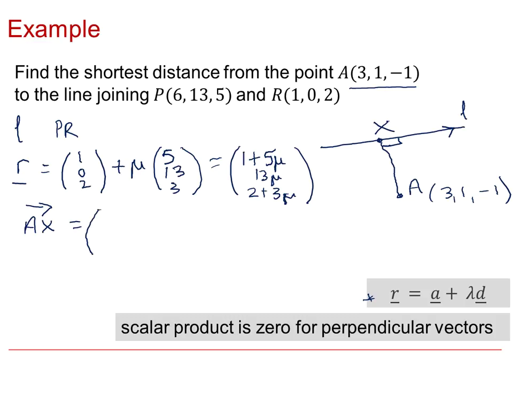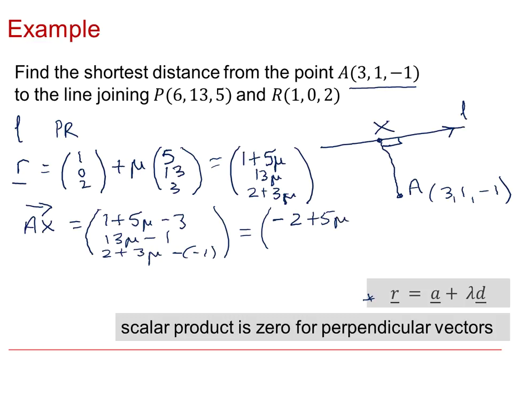So then AX will be this, 1 plus 5 mu minus 3, 13 mu minus 1, and 2 plus 3 mu minus 1, which if we tidy it up gives us minus 2 plus 5 mu, minus 1 plus 13 mu, and 3 plus 3 mu.